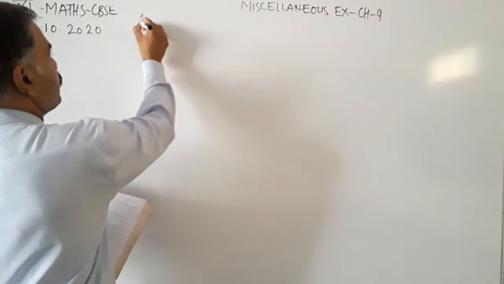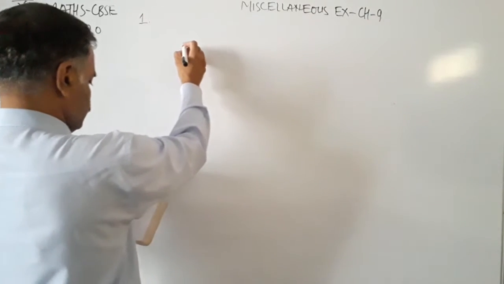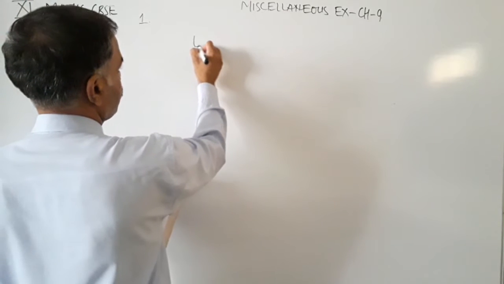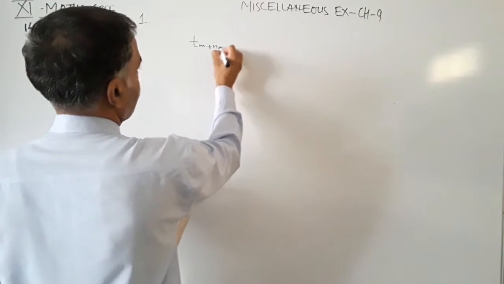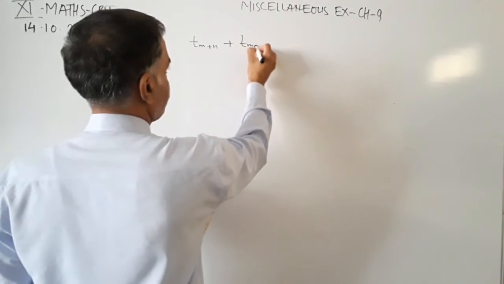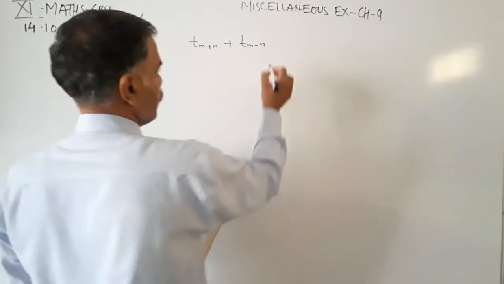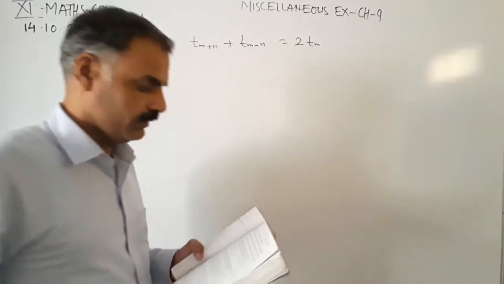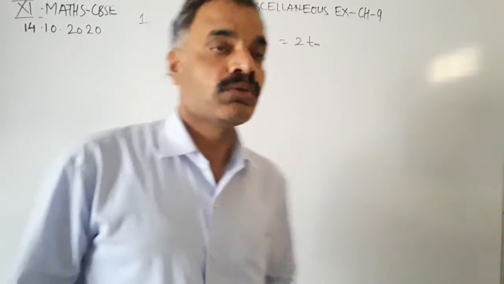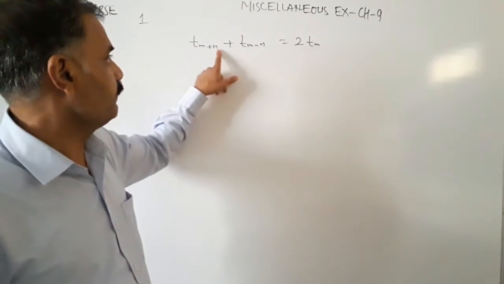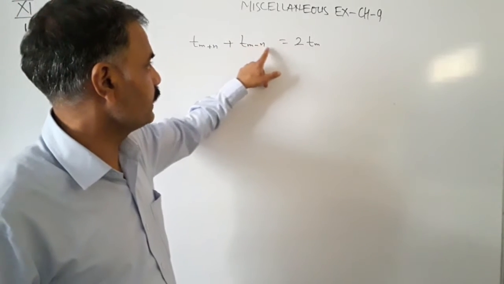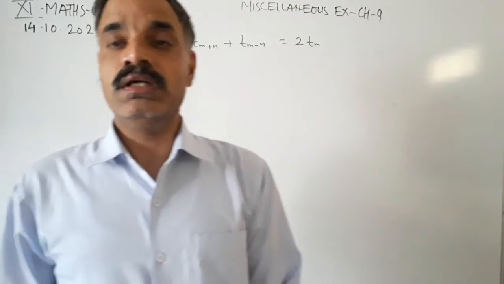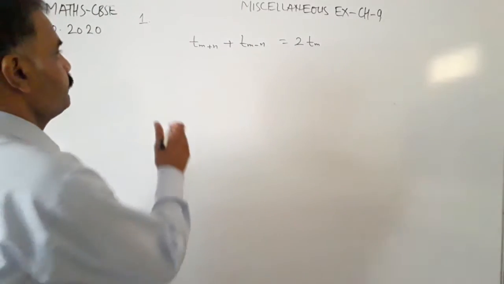Question number 1, it is given that the sum of the (m+n)th term, that is t(m+n), and t(m-n), is twice of tm. So we have to show that the sum of the (m+n)th term and (m-n)th term is twice the mth term. So let us start with the left hand side.